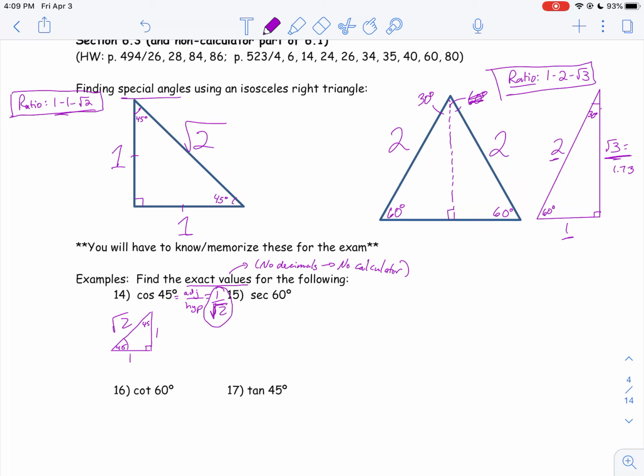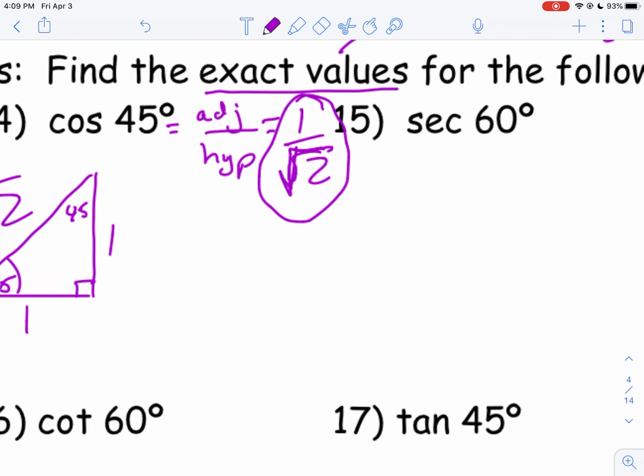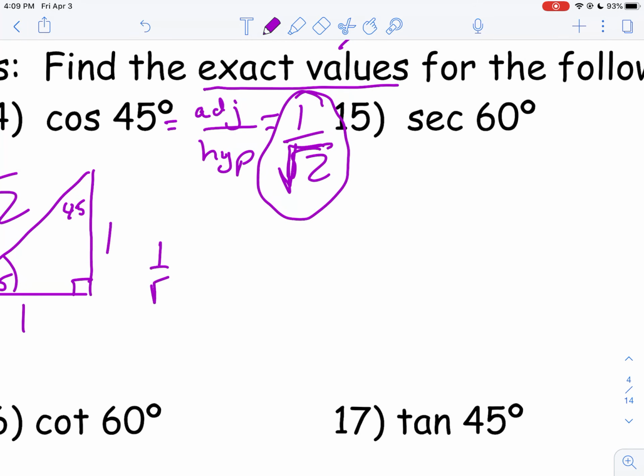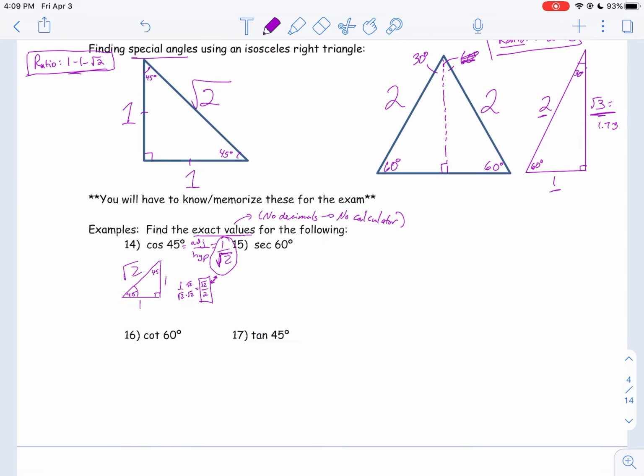Now, some people will want you to rationalize that number. I'm okay with it as is, but if you want to rationalize, you multiply by the square root of 2 over the square root of 2. That's going to give you the square root of 2 in the numerator, and the denominator is going to give you the square root of 4. The square root of 4 is 2. So either answer would be fine here. If you put them in your calculator, you'll see they're the exact same decimal.